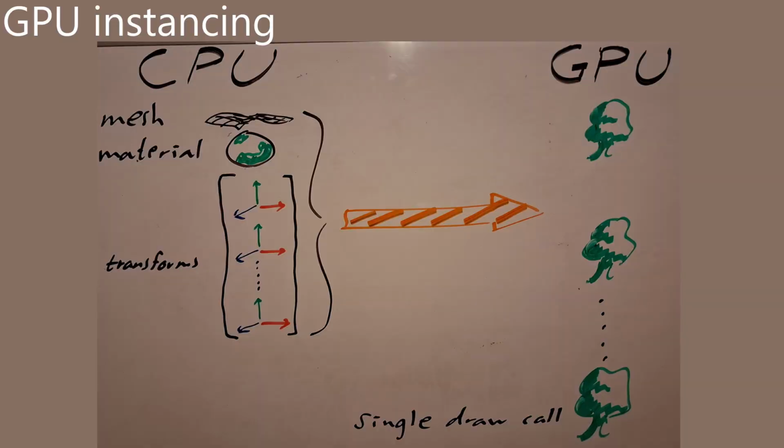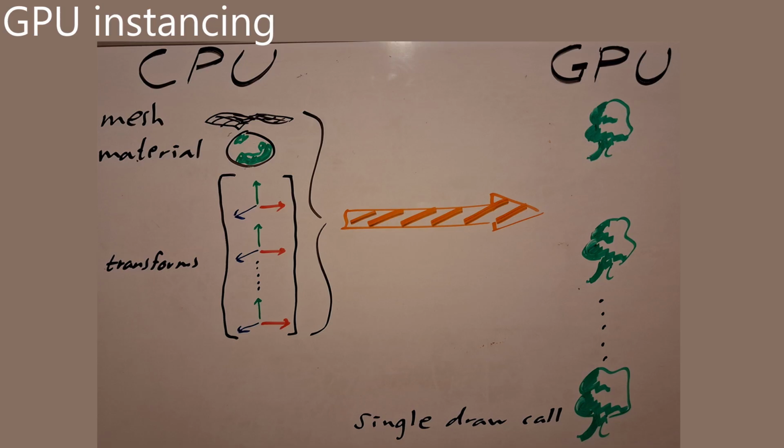GPU instancing is a feature that can be used when drawing a large number of identical objects. Identical meaning that they all share the same mesh and material, but have different transforms. With this methodology, the mesh and material, which can be very big objects, are only sent once to the GPU each frame, and instead an array of transforms are sent for each object.